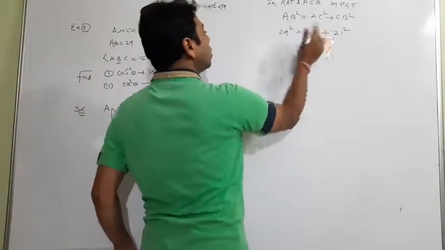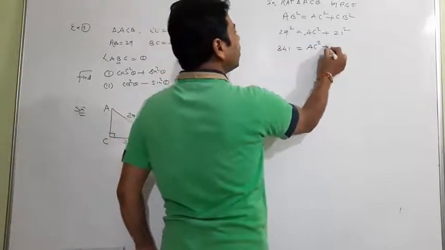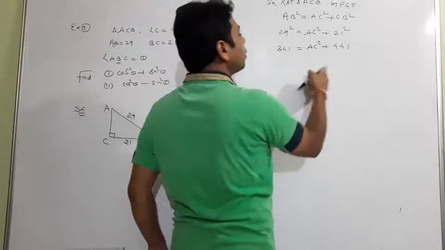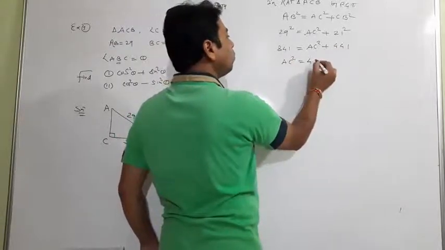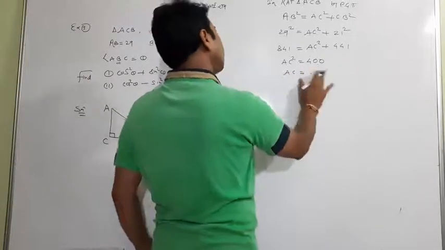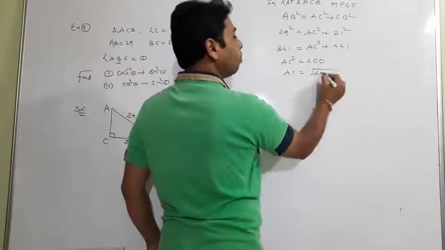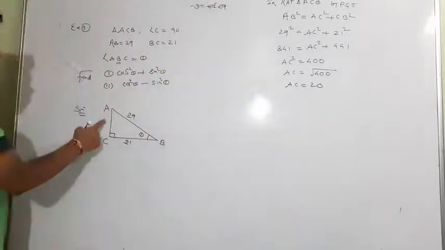So this is 841, and 21 square is 441. Transferring that, AC square will be 841 minus 441 equal to 400. So AC will be 20, not plus or minus. So AC is equal to 20.